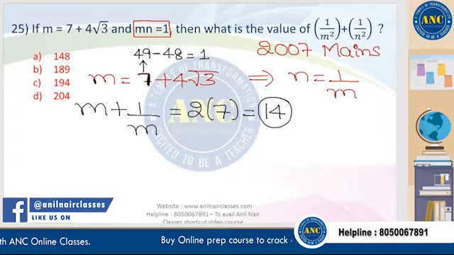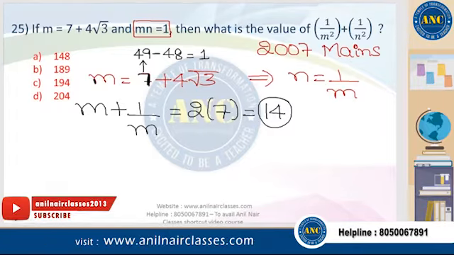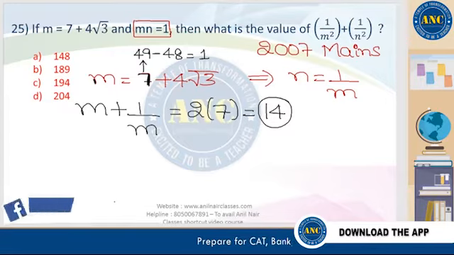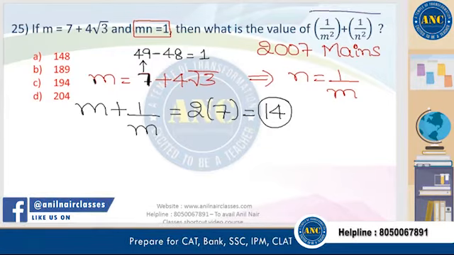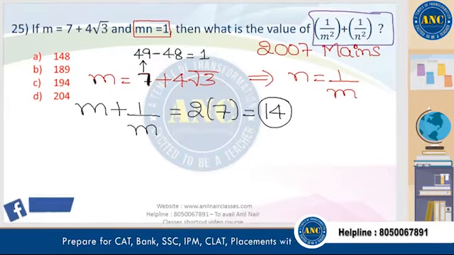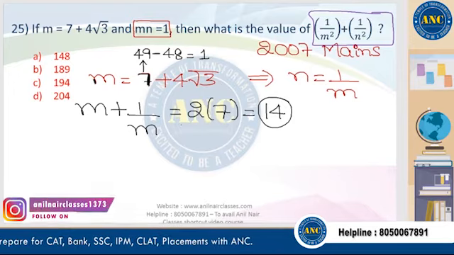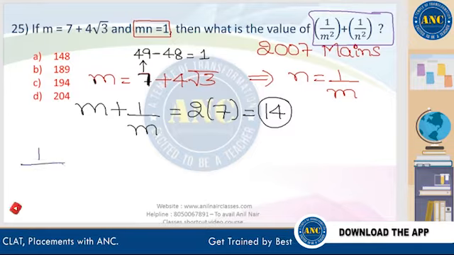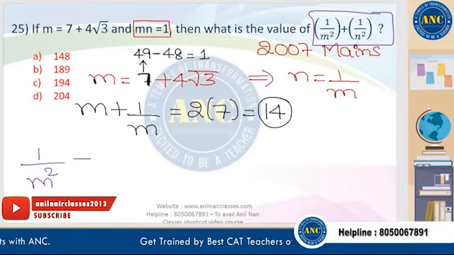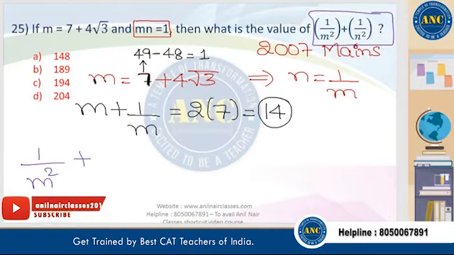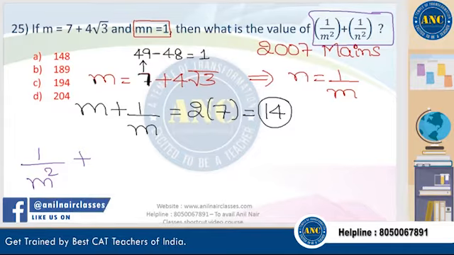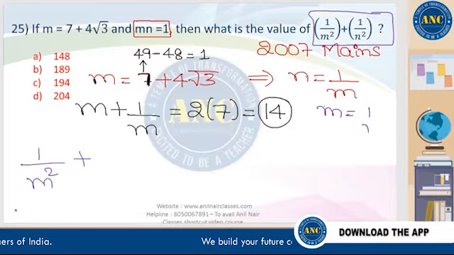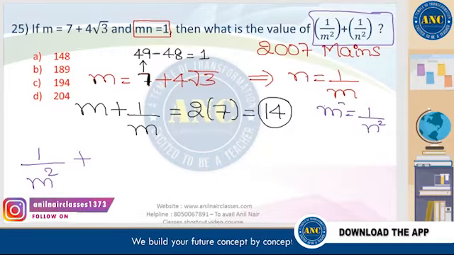That means I came to know the value of m plus 1 by m in this particular question. But what is actually asked in the question? Question says 1 by m square plus 1 by n square. 1 by n is m, or I can write m as 1 by n, so 1 by n square will be equal to m square.